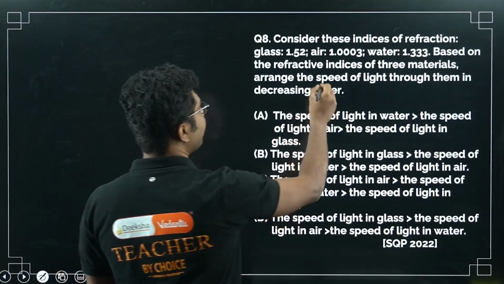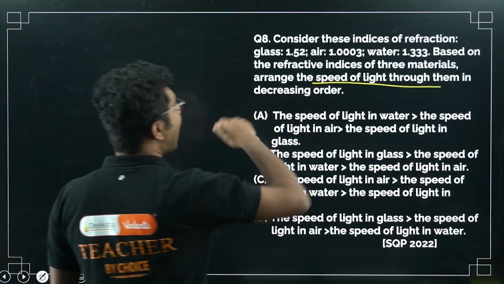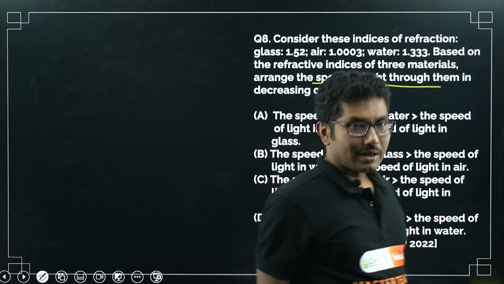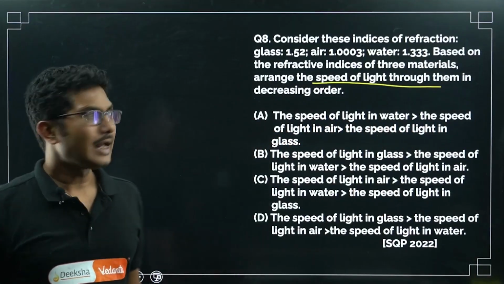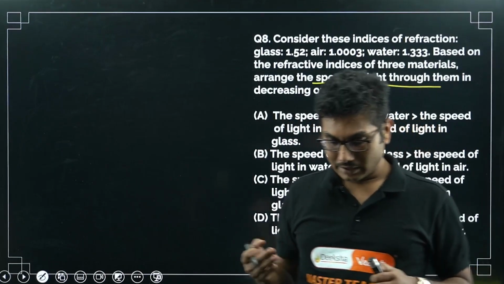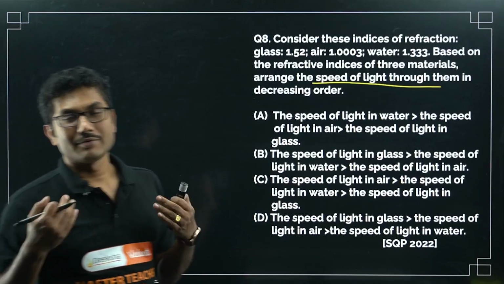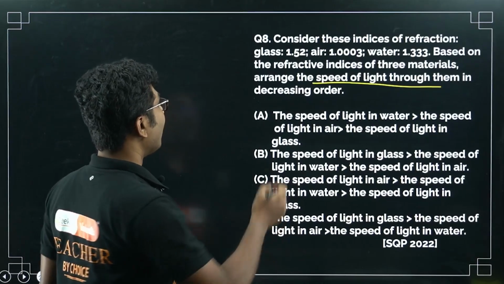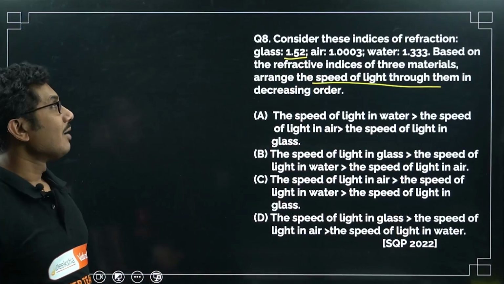So speed of light through them in decreasing order, that means the higher the refractive index, the slower is the light. We know that refractive index sometimes also gives you the optical density. So denser the medium, slower is light.